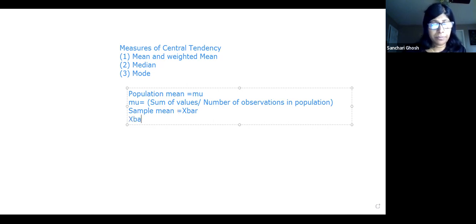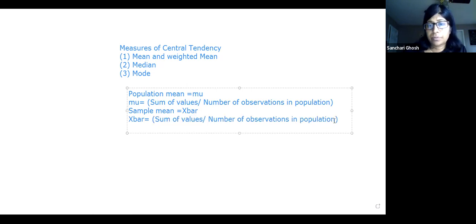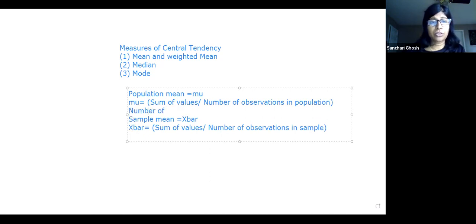So X bar equals the sum of values divided by the number of observations. In the population you usually denote it by capital N, whereas the number of observations in the sample is small n.